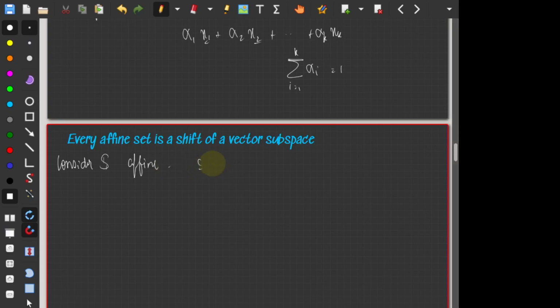Let's say c is in S. I claim that this set S minus c, so basically I shift all the vectors in S by an amount c, is a vector subspace.